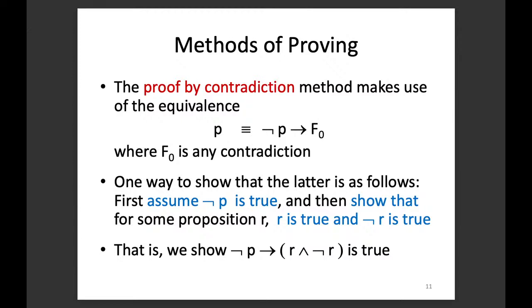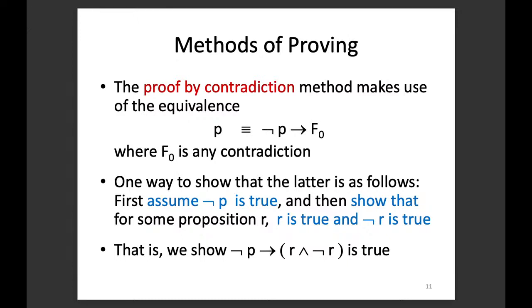We claim that it is the same as P in logic, because if P is true, then T implies P is true, and if P is false, then T implies P is false. So P is logically equivalent to T implies P, and T implies P is logically equivalent to its contrapositive. So T implies P is logically equivalent to not P implies F.